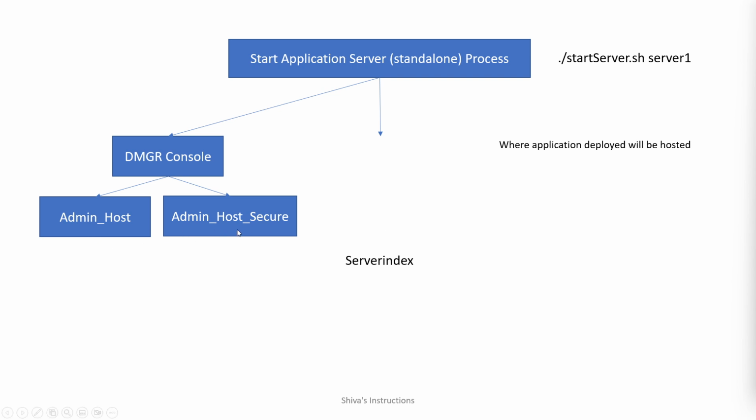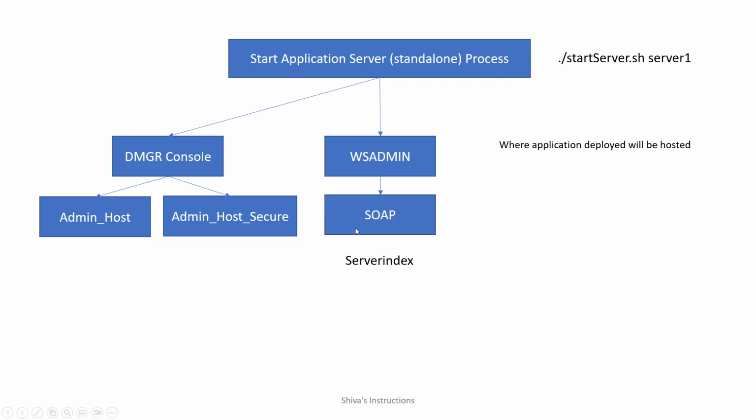These are two different port numbers, and they will be under this name in the serverindex.xml. So you have to figure out what the domain and the port numbers of these two ports are, and then access the secure one if it's enabled. By default, the secure one is the only one you have to use when it is enabled, because the unsecure one will not be used when the secure one is enabled.